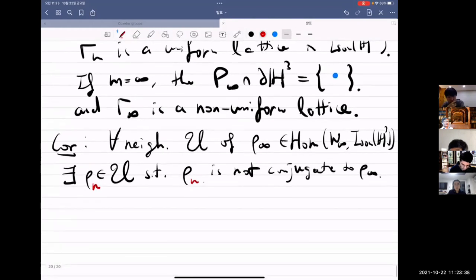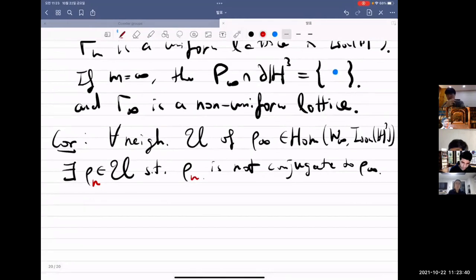But the following theorem of Garland and Raghunathan says that this does not happen when the dimension is bigger than or equal to 4.